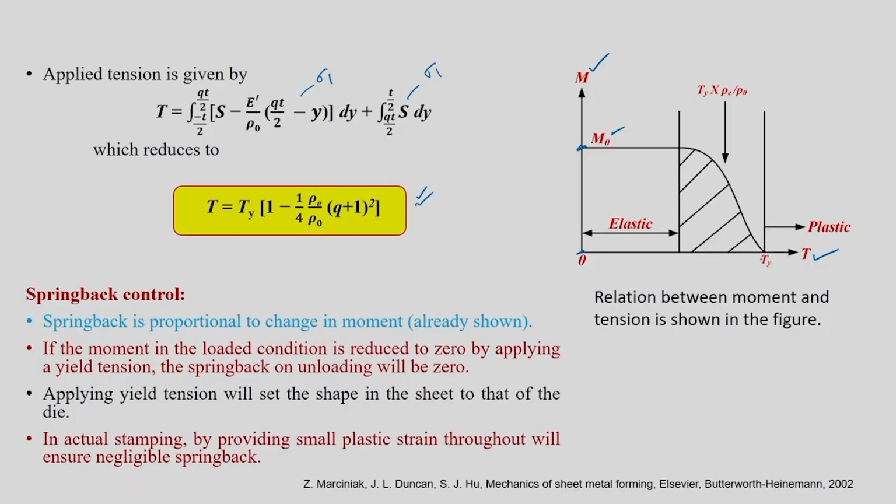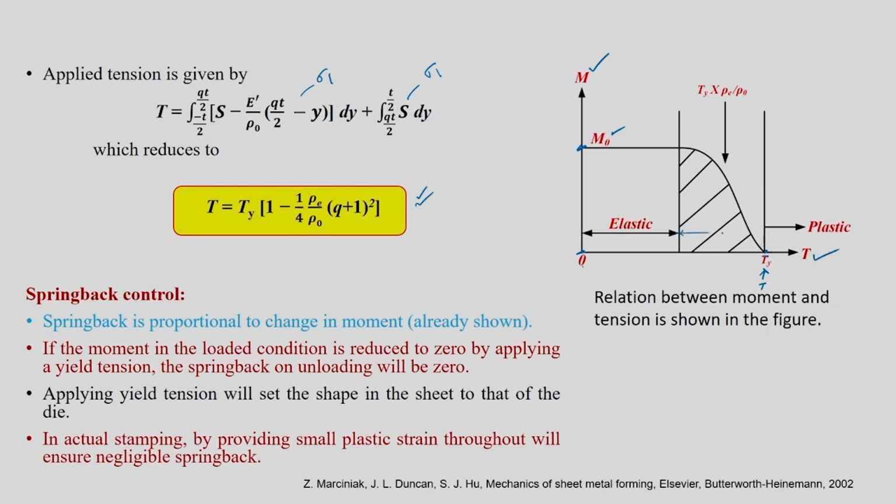If you increase tension from 0 to Ty, you will see that after the elastic part, moment is not required at all. Moment will come down and decay to 0 when T reaches Ty.